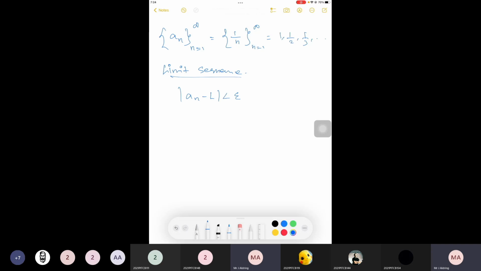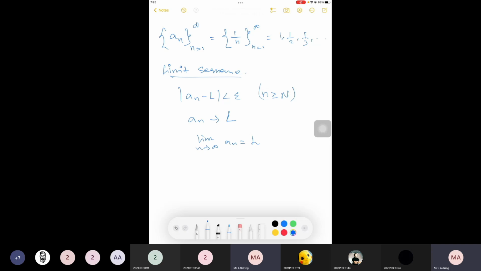Here epsilon is a positive number, for all n greater than or equal to capital N, a natural number. Suppose a_n approaches capital L, that is the limit of that sequence. That's nothing but the limit as n tends to infinity of a_n is equal to capital L.